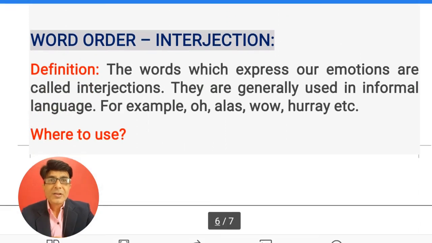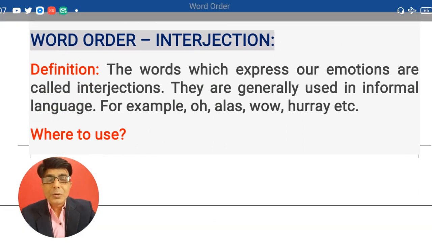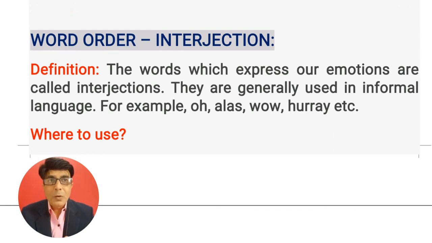And the last one, friends, is the use of interjection. What is an interjection, friends? Interjection, remember, is generally used in informal language. When two friends are talking, they use interjections. Interjections are the words which express our emotions. If you are so happy or so sad, you use words like oh, hooray, alas, oh my God, wow.